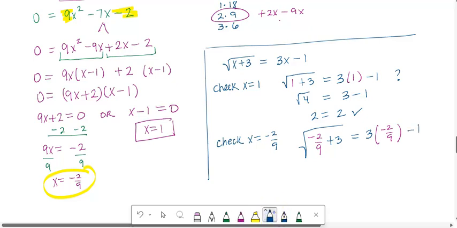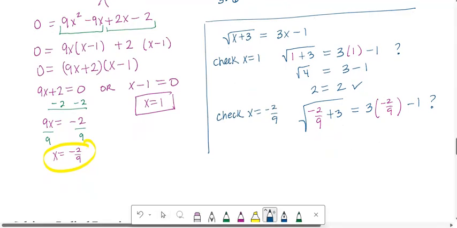So I'm plugging in negative 2 over 9 in the place of x on both sides of the equation. I'm going to grab the calculator here, and I'm going to do negative 2 over 9 plus 3, and what I'm getting is 25 over 9.